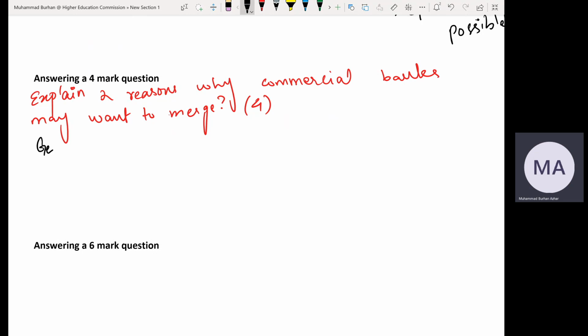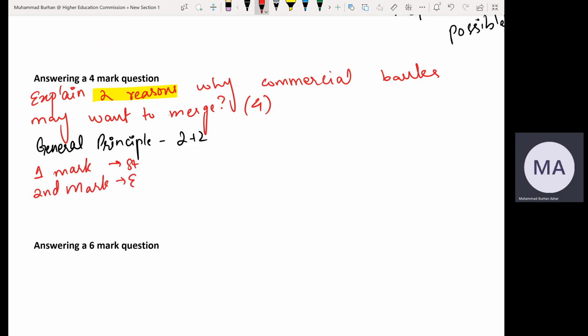So the general principle in these questions is कि it's 2 plus 2 का principle. And we'll talk about what 2 plus 2 is. ठीक है? The question explicitly asks you to give 2 reasons. That means that the marks division would be 2 marks for one reason, 2 marks for the other. 1 mark would be for stating one reason, and the second mark would be gained by explaining that. ठीक है?